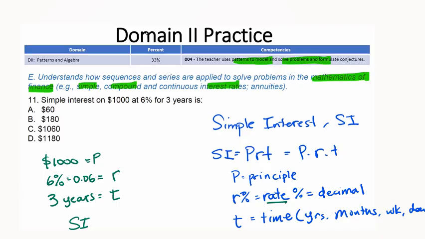We're going to solve the simple interest using this formula. So my principal is $1,000. My rate is 0.06. And my years is 3.